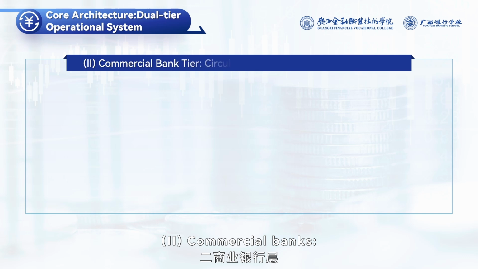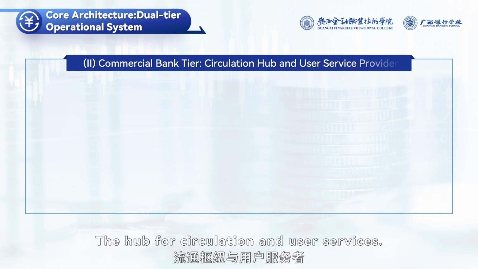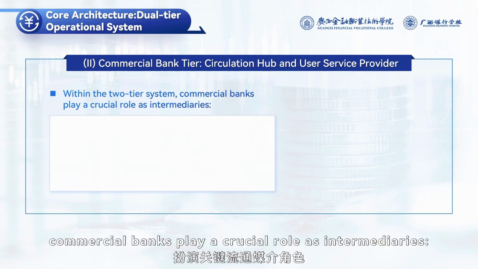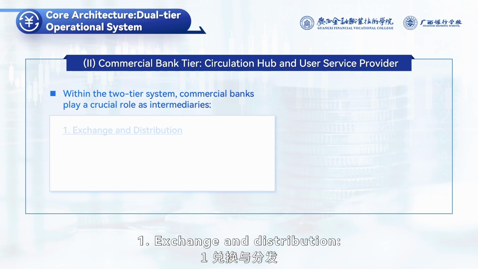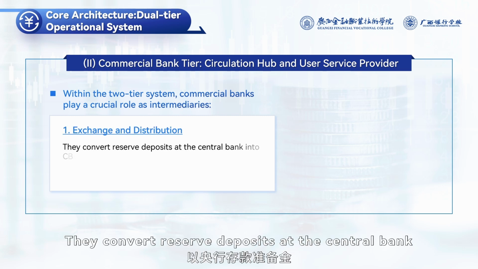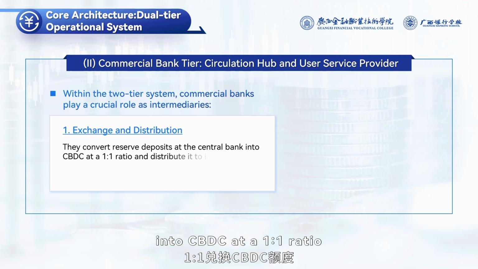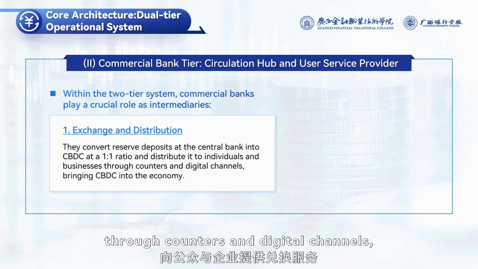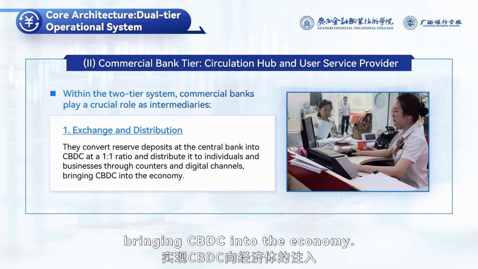2. Commercial banks. The hub for circulation and user services. Within the two-tier system, commercial banks play a crucial role as intermediaries. 1. Exchange and distribution. They convert reserve deposits at the central bank into CBDC at a 1-to-1 ratio and distribute it to individuals and businesses through counters and digital channels, bringing CBDC into the economy. 2.